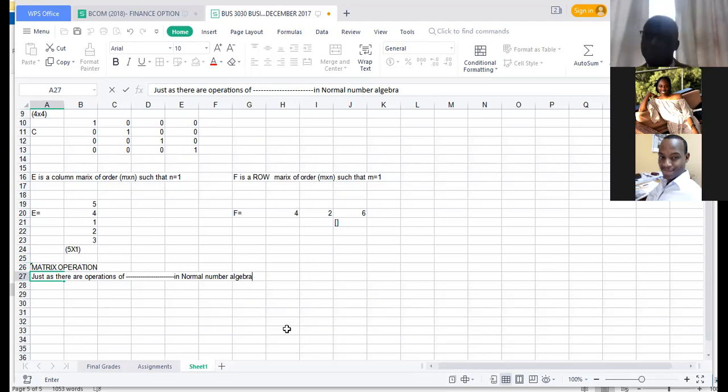Add, subtract, multiply, or divide. What is the acronym for all the operations of normal number algebra?